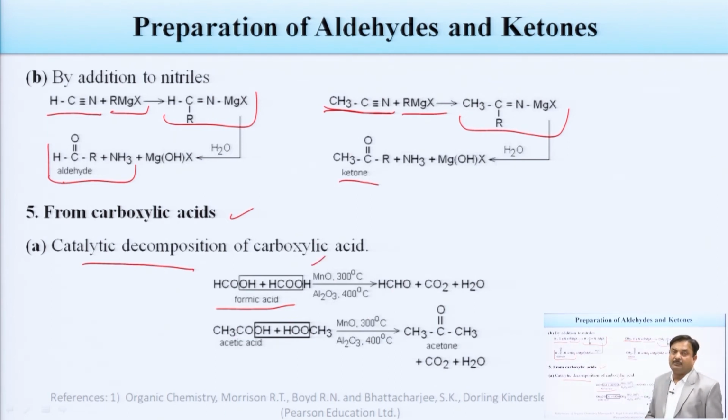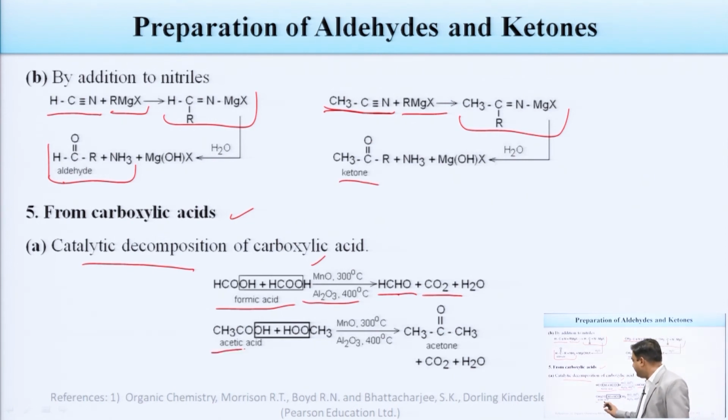Very high temperature is required for this reaction, and alumina is also there. At the end of the reaction we get formaldehyde, along with one molecule of carbon dioxide and one molecule of water. So, when we use formic acid, we get formaldehyde.